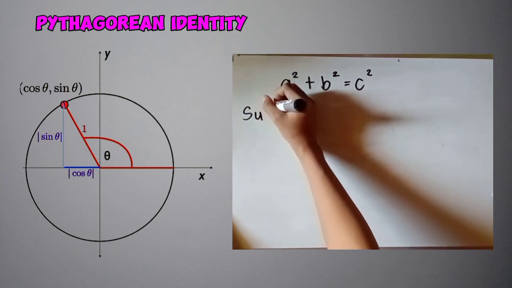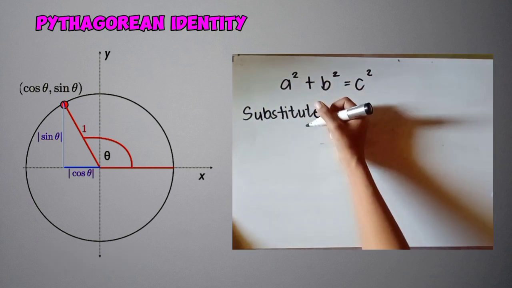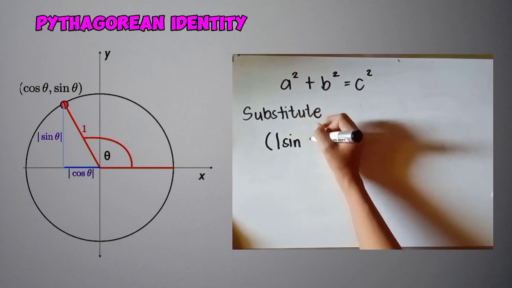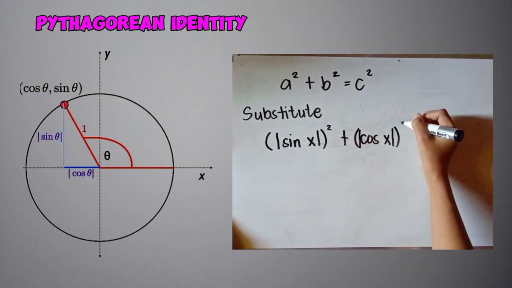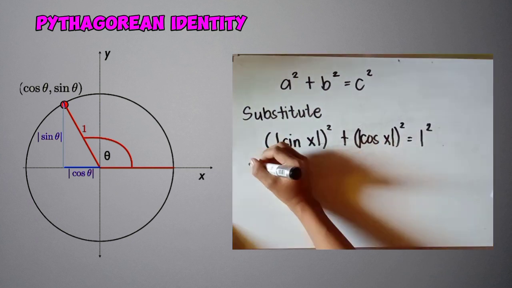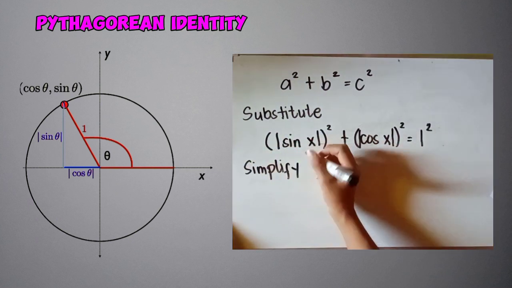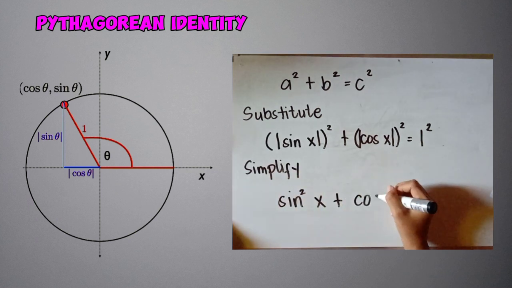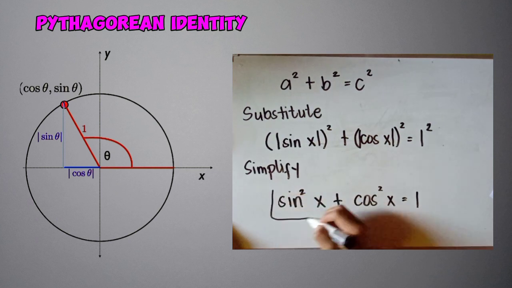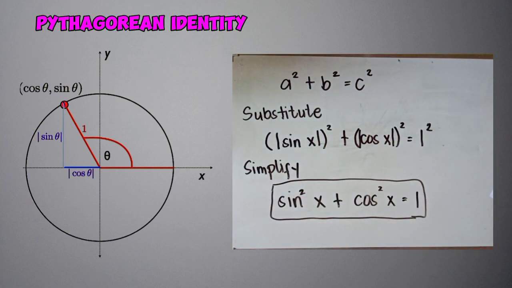By substituting, we get the square of the absolute value of sine x plus the square of the absolute value of cosine x is equal to 1 squared. And then simplify, and we get sine squared x plus cosine squared x is equal to 1.